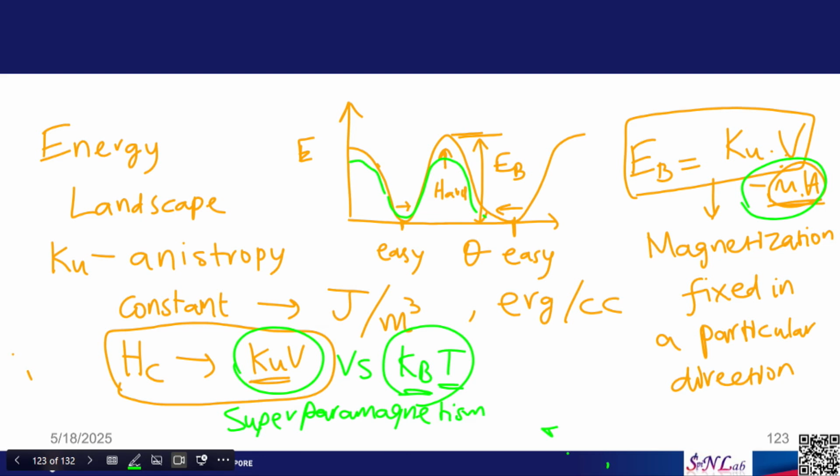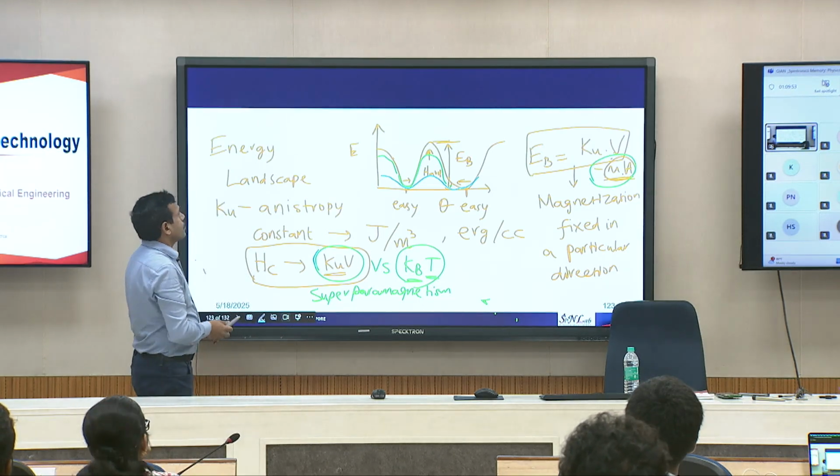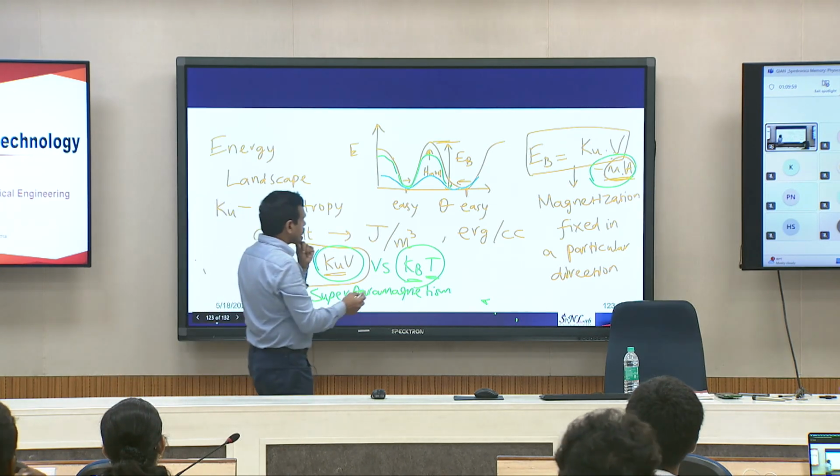When the volume is very small, your KUV also is going to be lower, so the energy barrier itself is lower. Then thermal energy starts competing with it. As a result, the magnetization of the particle is not constant as a function of time, it flips with respect to time.